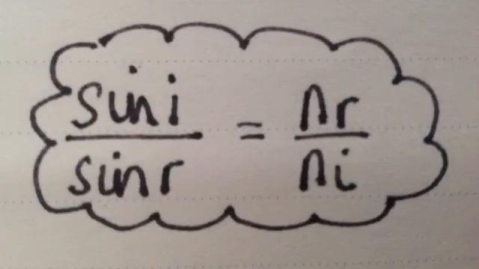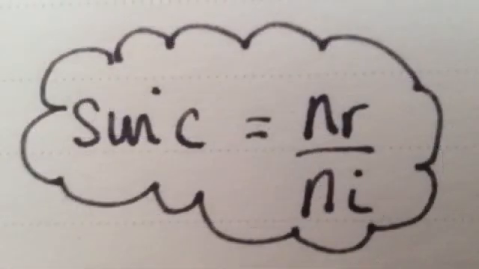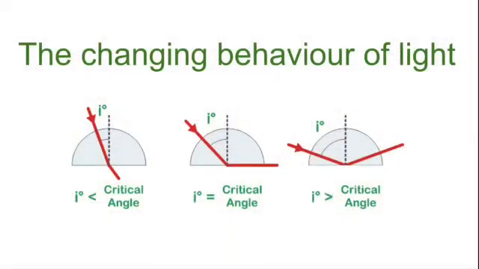When I is less than C, the light is refracted, obeying Snell's law. When I equals C, the light is refracted at 90 degrees, still obeying Snell's law. And when I is greater than C, the light is totally internally reflected and obeys the law of reflection, I equals R. And that's it.